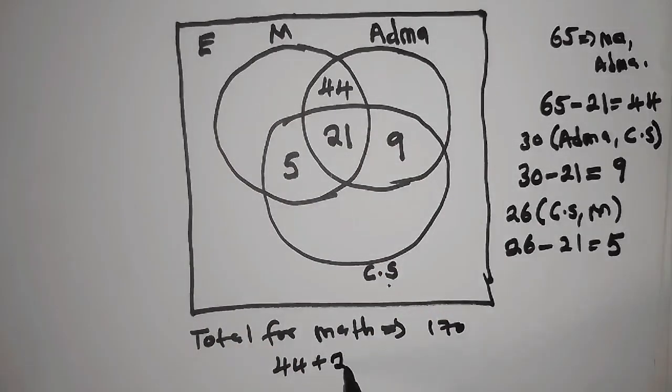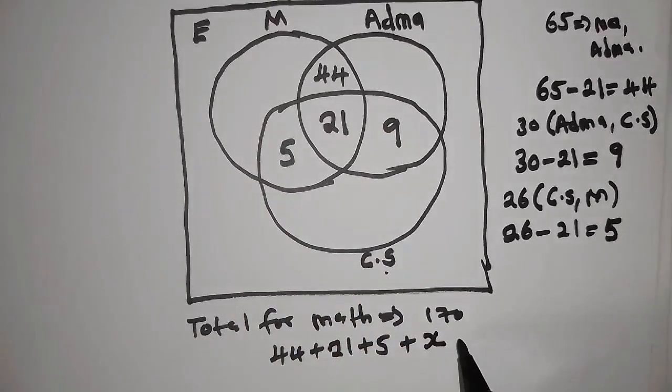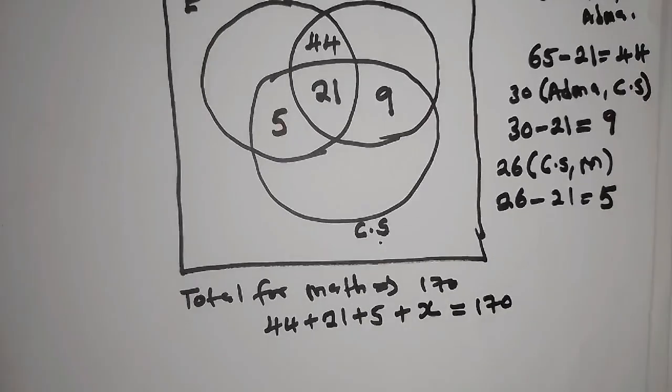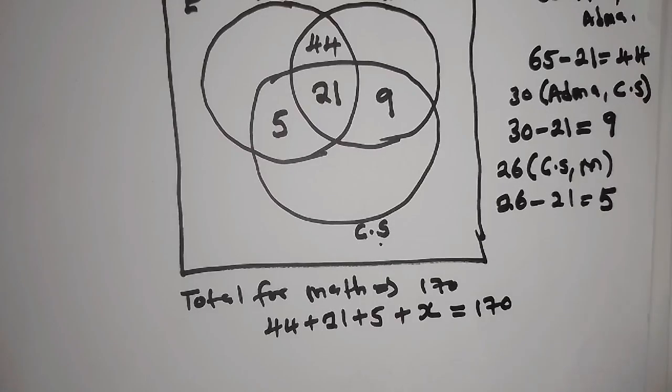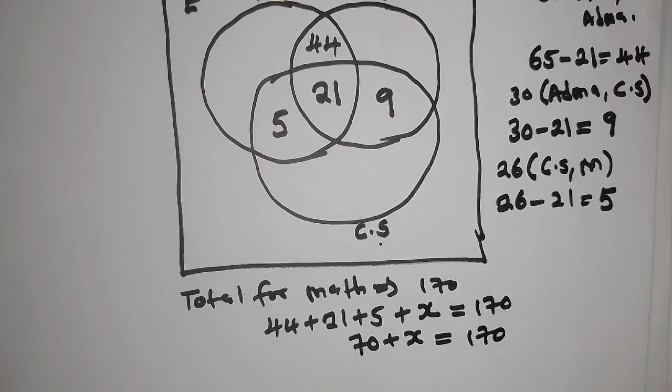So 44, 21 plus 5, then plus the x, this x now, only those that taught mathematics, after we add them should give us 170. Okay, now once you add them, you are going to get this plus this plus this. You are going to get 70 plus x equals to 170.